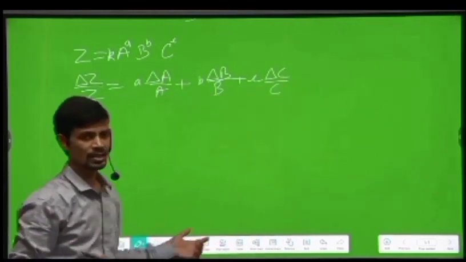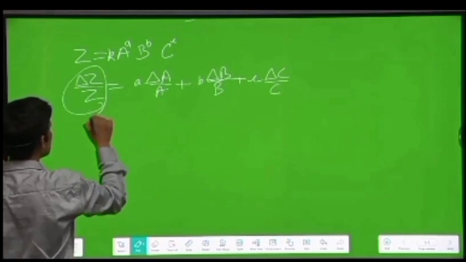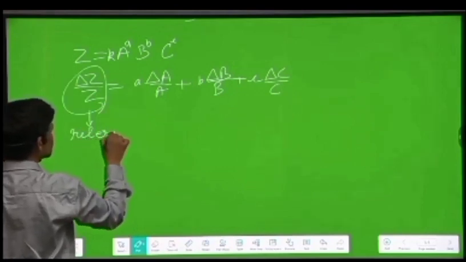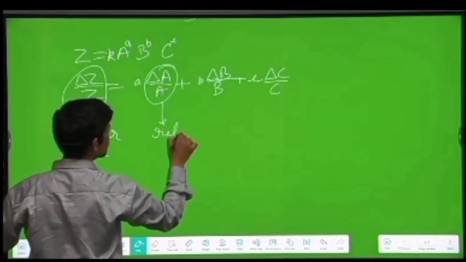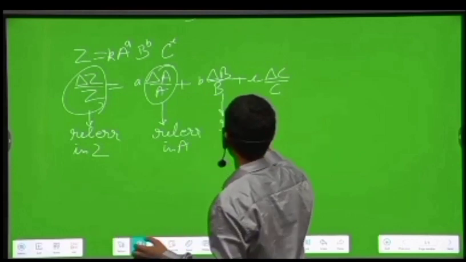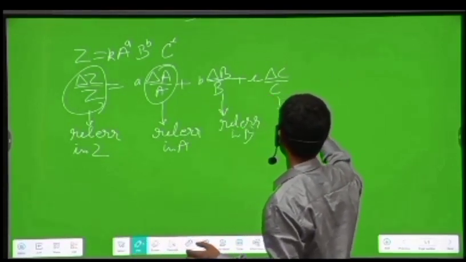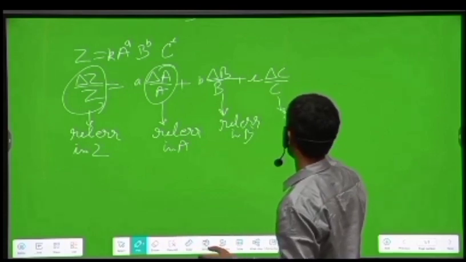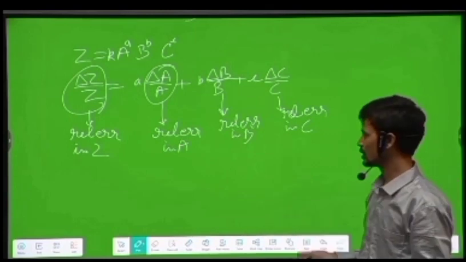So in such cases, we can say that this is the relative error in z, and this is the relative error in a, and here also relative error in b, and here relative error in c. This is how we can solve such problems.